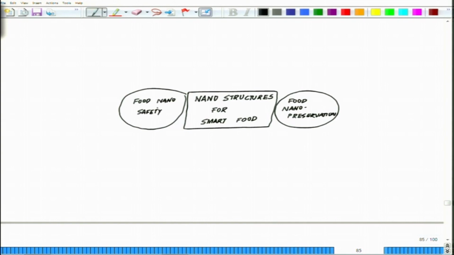So in terms of food nanosafety, what are the aspects being addressed currently in the research? First, against pathogens, this is one of the major problems, infestation of pests.